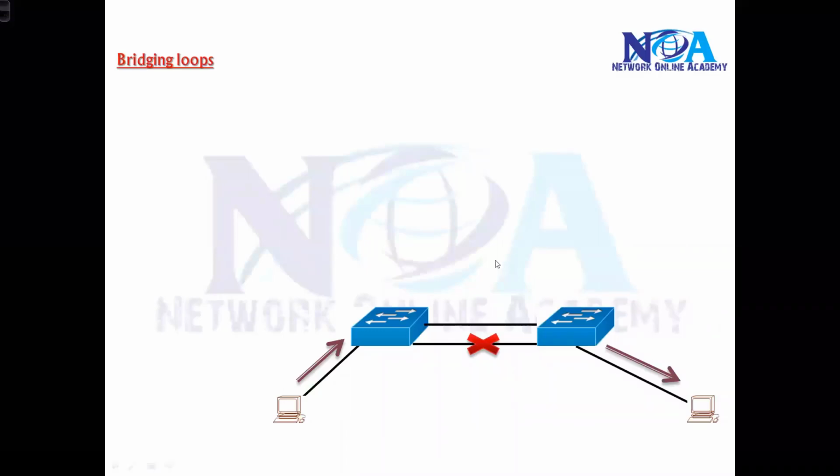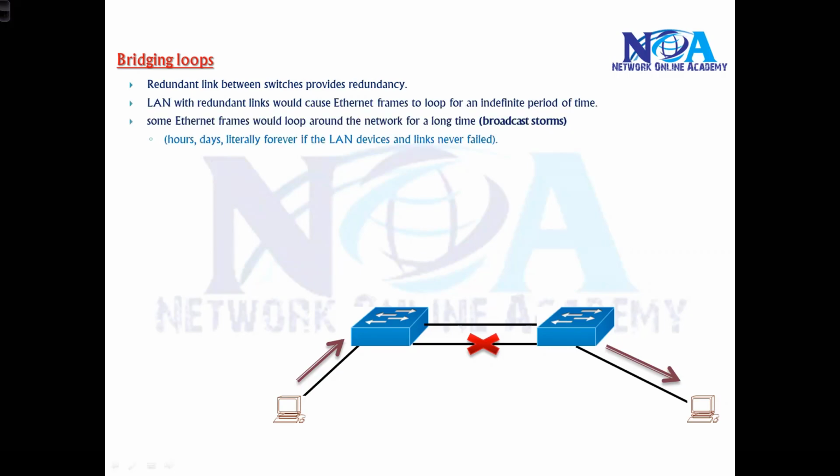The good thing about multiple links between the switches is redundancy, but the problem is that when you connect your LAN with redundant links, especially with Ethernet connections, it may cause loops. We call them broadcast storms, indefinite loops or continuous loops.